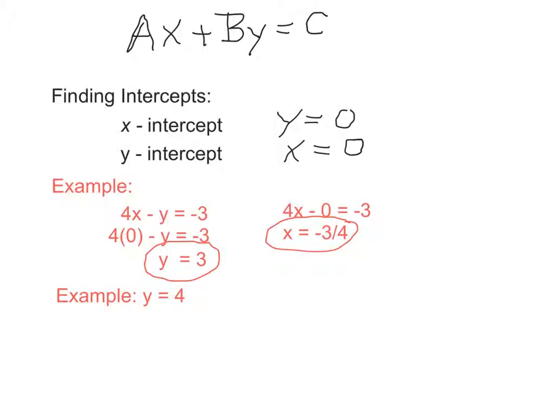So if I were to graph this, you would see that it's up 4 units, and the result is simply a horizontal line. If you've got an equation of the form y equals just a number, then you know it's going to be a horizontal line.